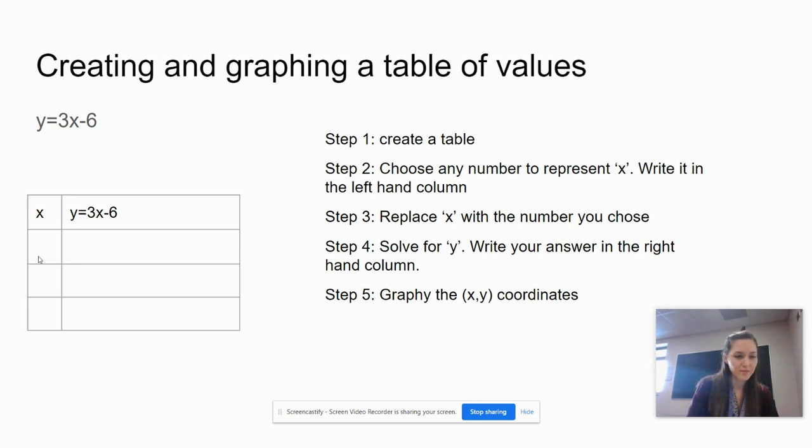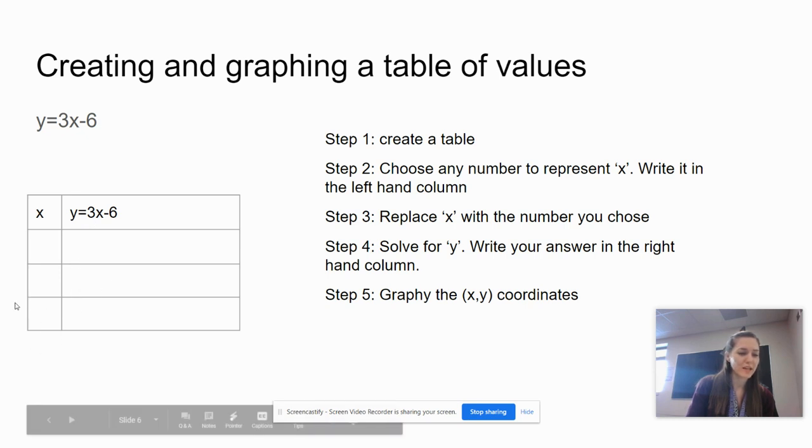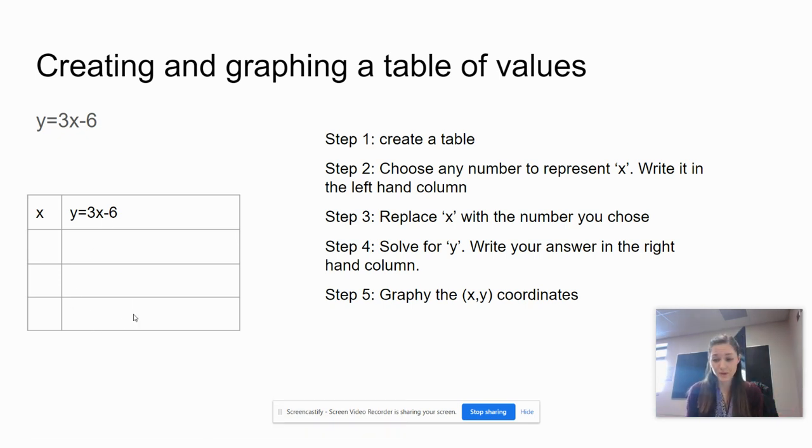You would write it right here. Then you would plug it into your formula. So replace this x with whatever number you chose, solve it, and put your answer right here. And then you get to choose any number again, plug it in for x, solve it, and write it right here. Choose any number one more time, plug it in for x, and put your answer right here. Then, if required to on the AccuPlacer exam, you would just graph your coordinates on your graph.